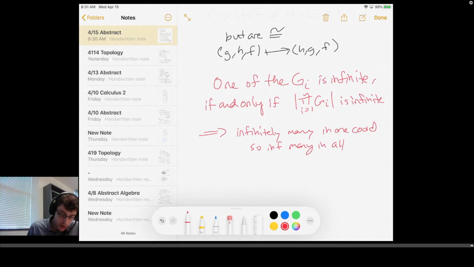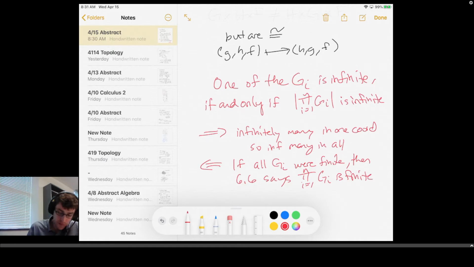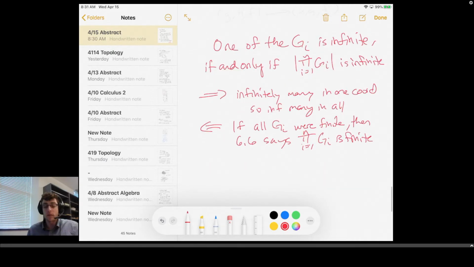And this way, if all GI were finite, then 6.6 says that the product is finite. So if the product is infinite, then at least one of them had to be. Okay, so that's the contrapositive there.